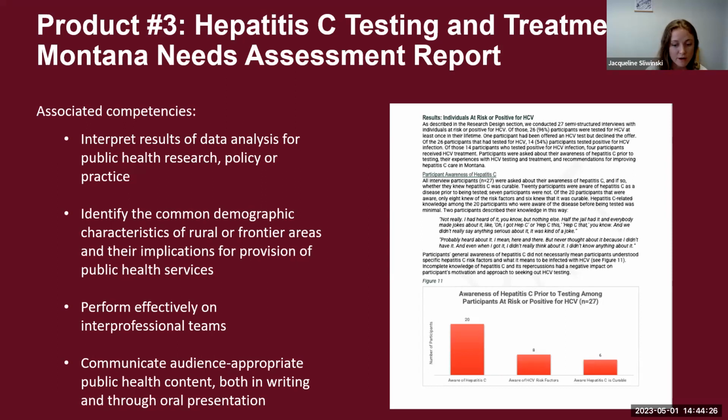We found that there is a lack of universal screening in private health systems. There's loss to follow-up between initial antibody screenings and confirmatory diagnosis, and limited resources for testing for harm reduction programs that reach those at-risk populations, along with some other barriers.